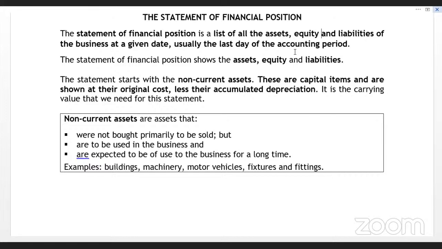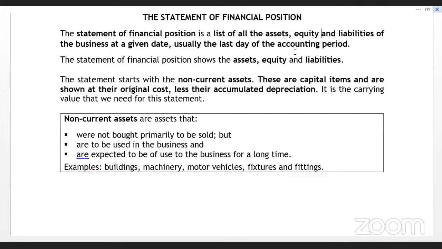So all the balances for assets, all the balances for the liabilities, all the balances for the equity items, they will appear on the statement of financial position, which we call the balance sheet.